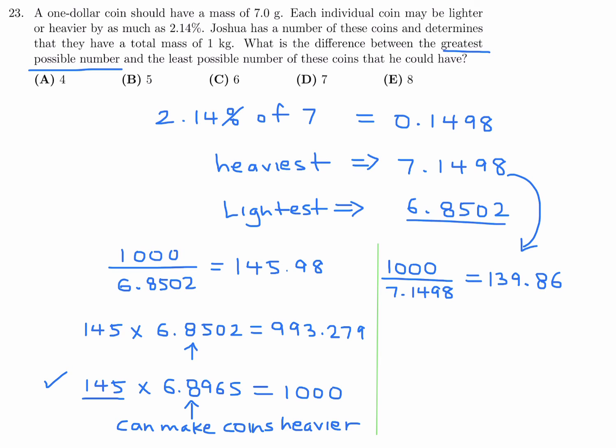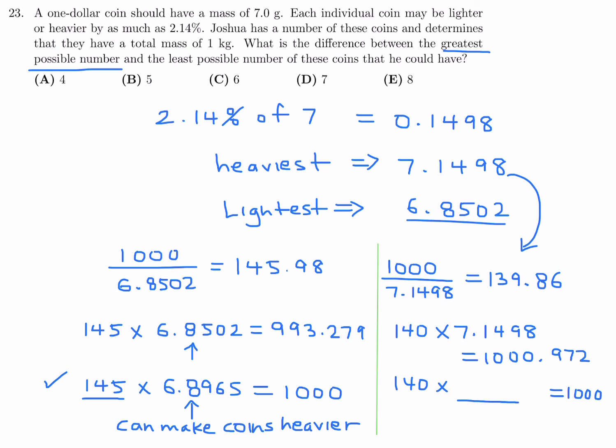If I have 140 coins and I multiply them all by the heaviest possible weight for each coin, I get 1,000 times 972. Now, it's got to be exactly 1 kg, so this is a little bit too heavy. But I can make each of these 140 coins a little bit lighter to make it exactly 1,000.